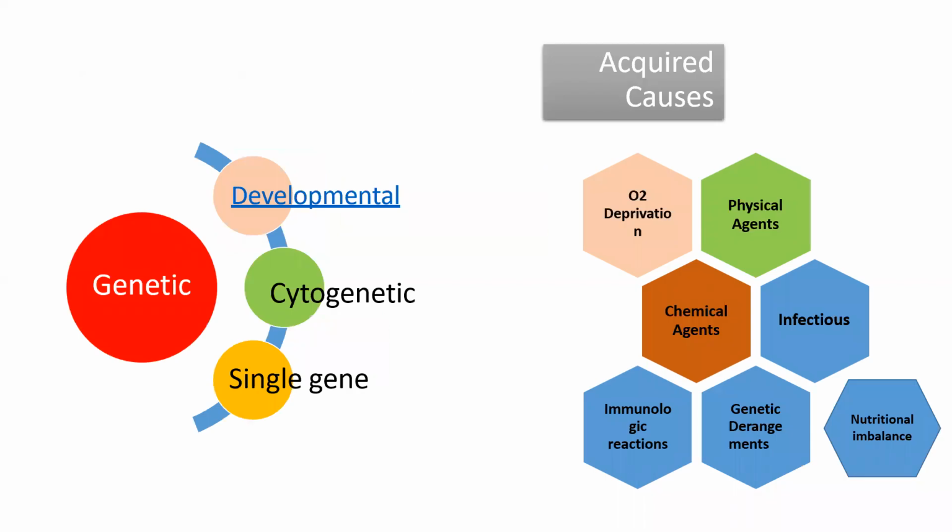So in genetic, there are developmental injury, cytogenetic injury, and single gene injury. Okay. And in the acquired cause, there are low quantity of the oxygen, physical agents, chemical agents, infections, immunologic reactions, genetic derangements, and nutritional imbalance of the body.